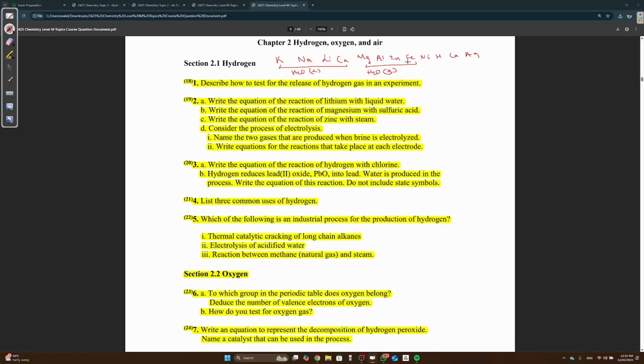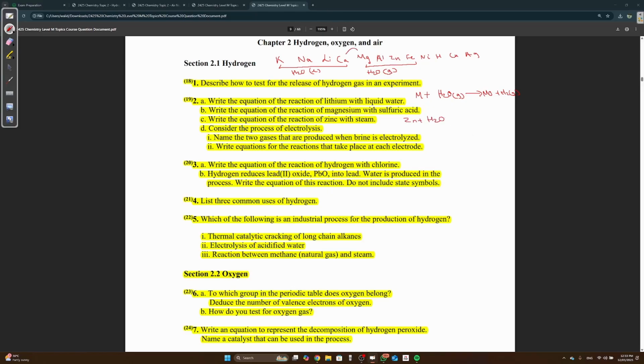But these, you need to know that when they react with steam, it follows this reaction: metal plus water, but steam, because it's going to be a gas. To produce, instead of metal hydroxide like it was for these, it's just metal oxide plus hydrogen gas. So here, the reaction of zinc with steam: zinc plus water, since it falls under these four.